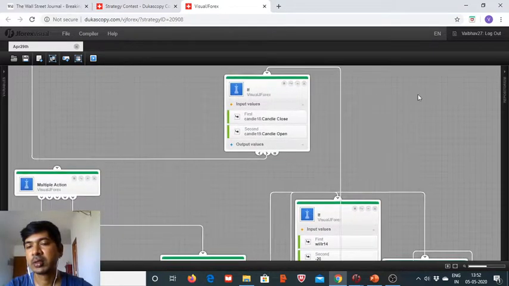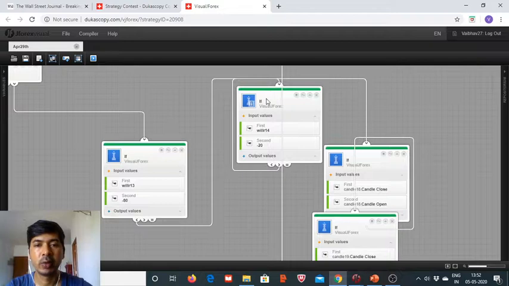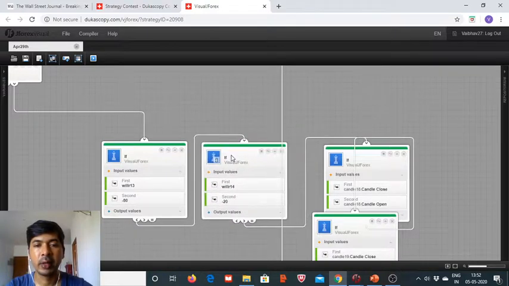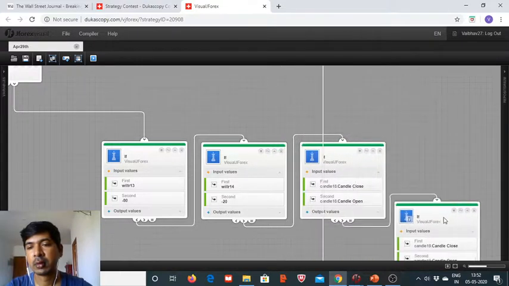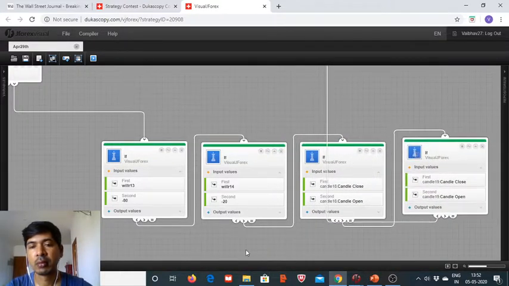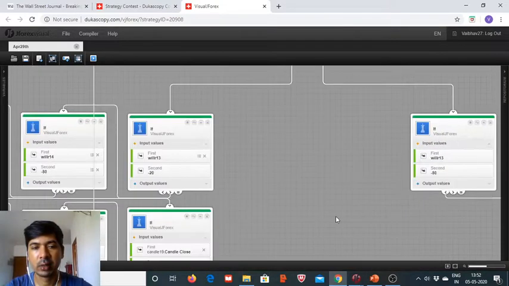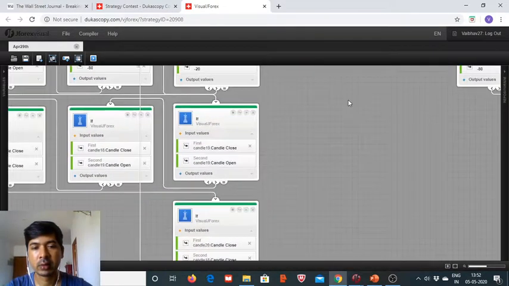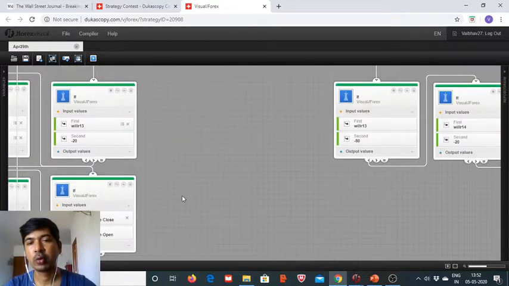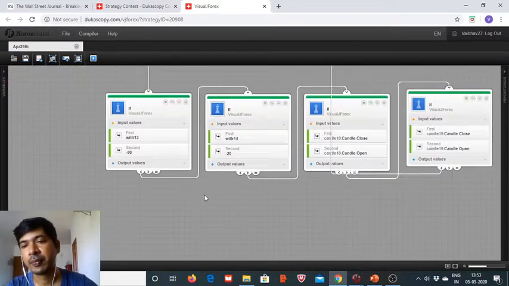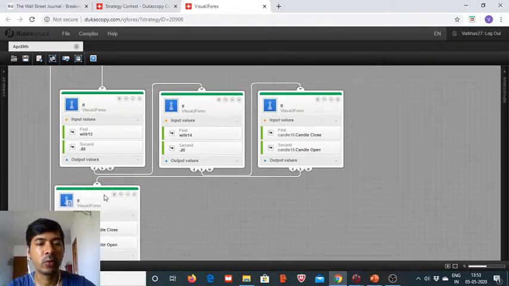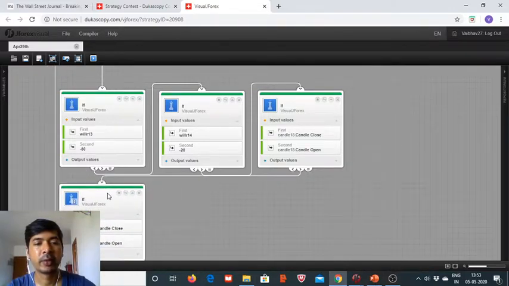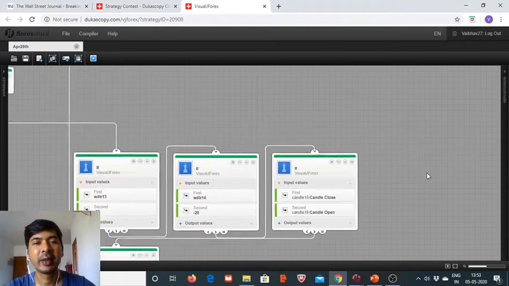Williams percentage R 14 to be greater than minus 20. Let us see, we want it to look symmetric, so we go for 3 if blocks in a row just to make sure it is good looking aesthetically.